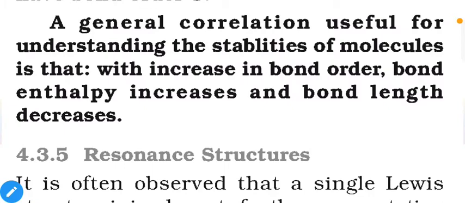Please note down that stability of a molecule is directly proportional to bond order and bond enthalpy. That means if bond order increases or bond enthalpy increases, it represents that the stability of the molecule is increasing. But bond length is inversely proportional to stability. If bond length increases, stability decreases.